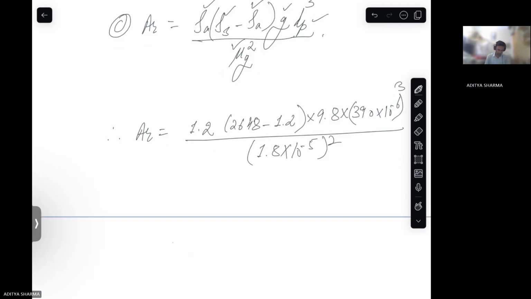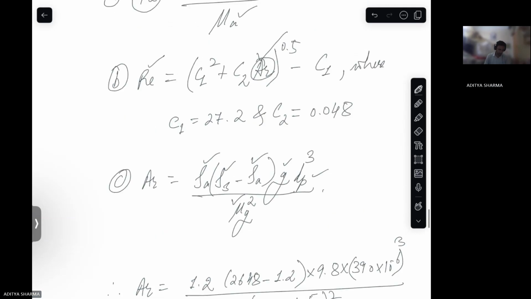If you solve this, I have already calculated it, this will come out to be 0.7. Okay, Ar is this.